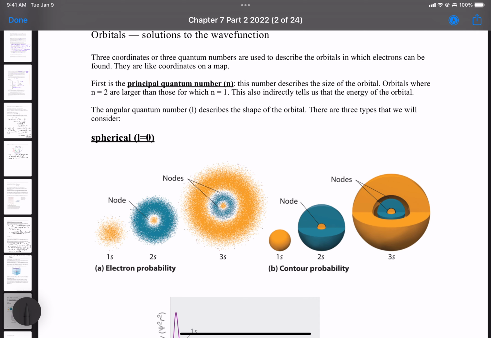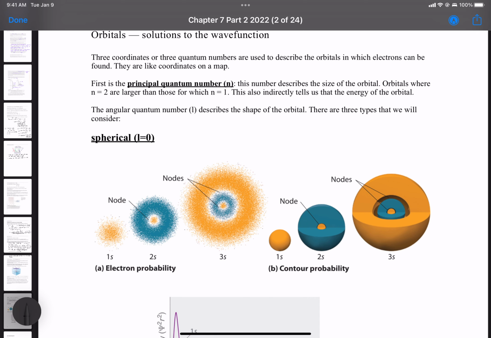When you have a wave, there's always a point where the wave changes sign, from positive to negative. That point where it changes sign is called a node. So some orbitals have nodes, regions of space that electrons are not going to occupy. And that's because these orbitals can't really touch in an atom. They have to be separated by some boundary.